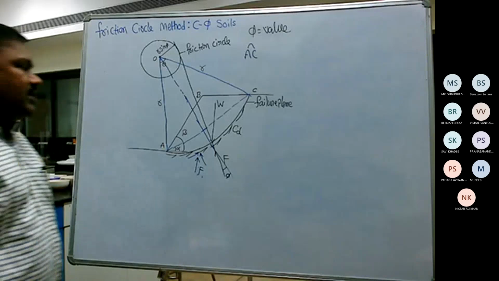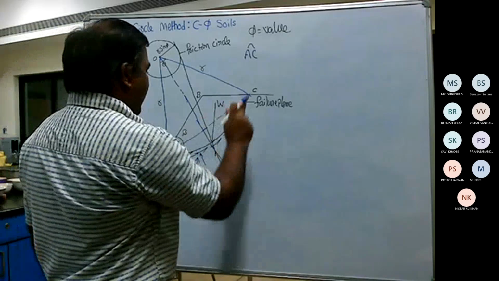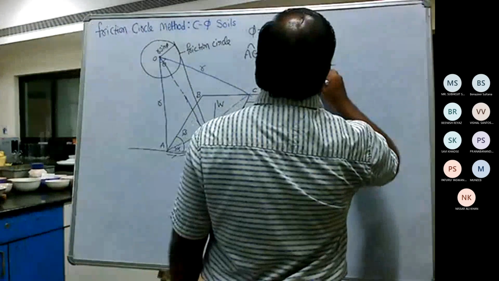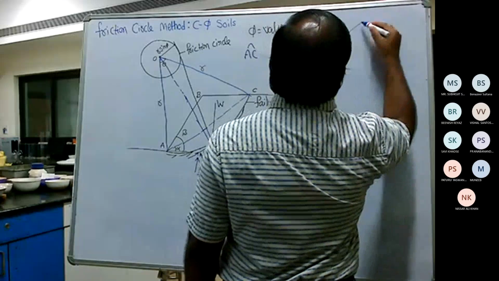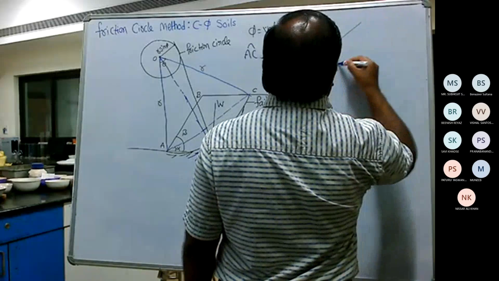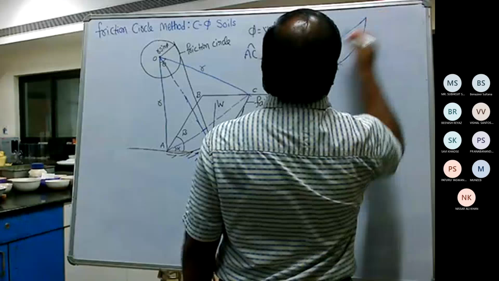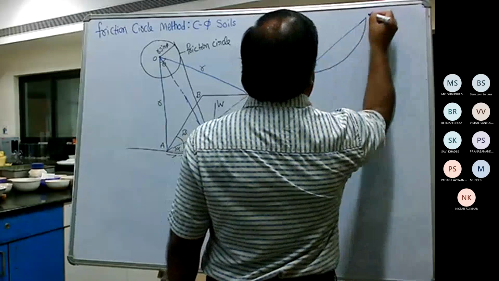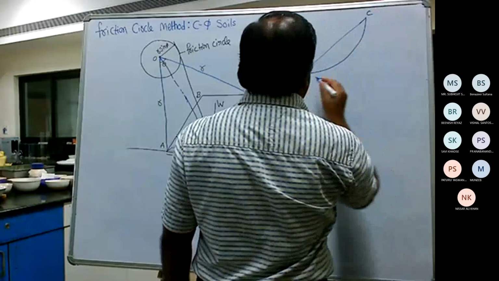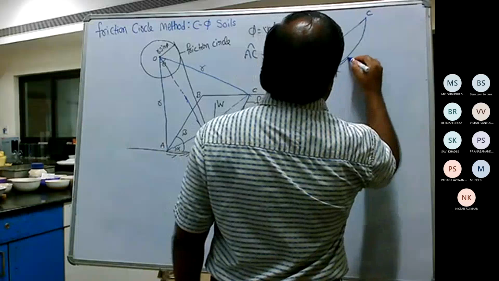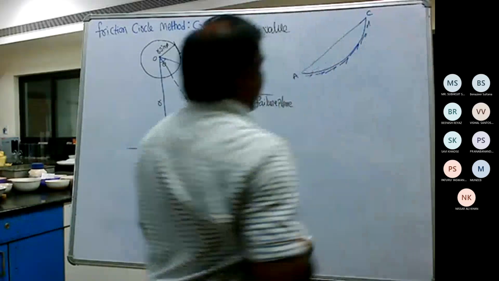Now another assumption is that suppose I take this ACD, I'm taking a separate diagram. So this is A and C. So the unit cohesion acts all along this line.